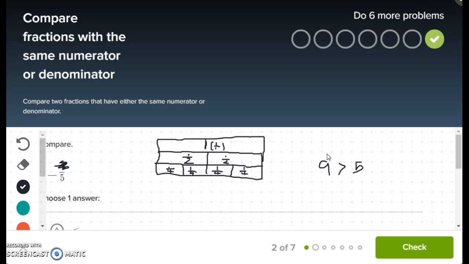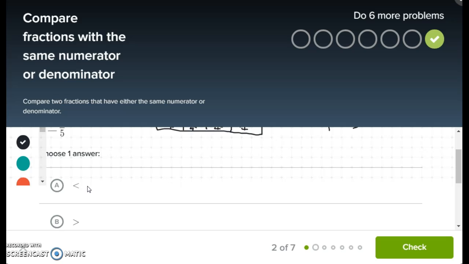But when you see 1 over, or same over, in this case it's 4, the alligator will switch, because this is a bigger portion of something than this. So we now know that this is the correct answer.